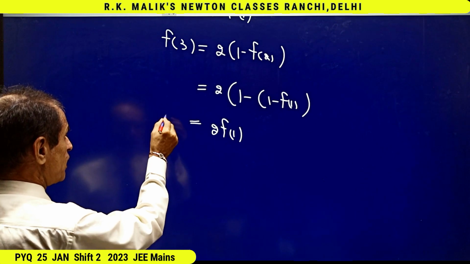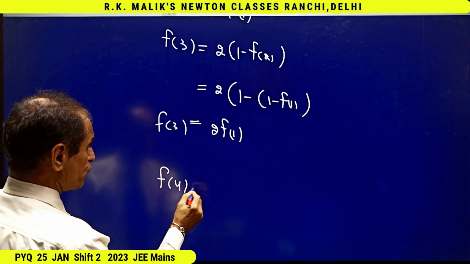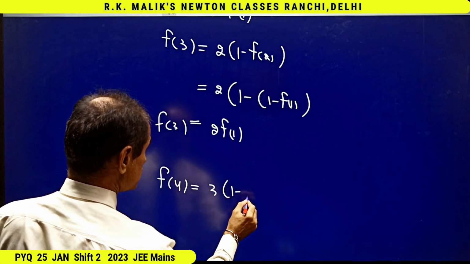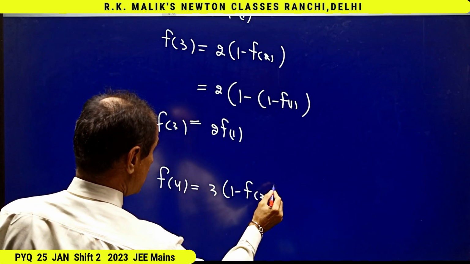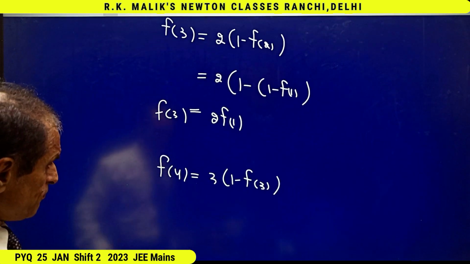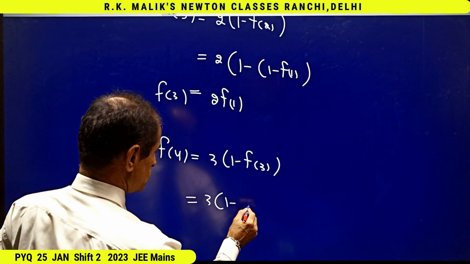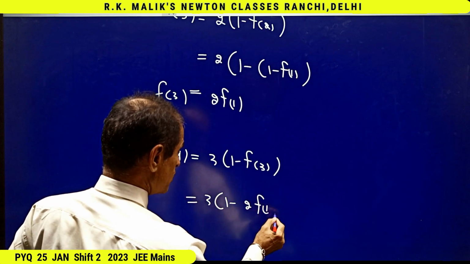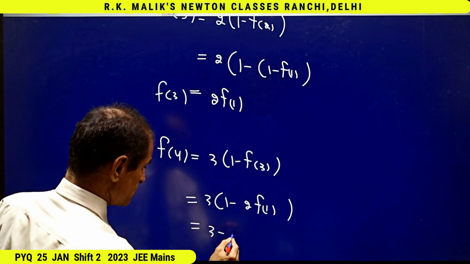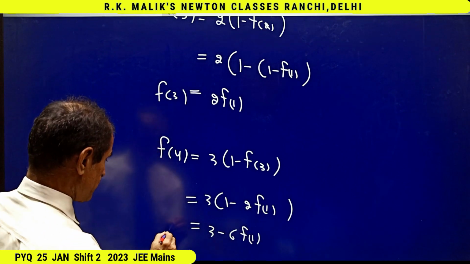And once the value of f3 is known to me, now f4 will be equal to 3 into (1 minus f3) by taking n equal to 3 in this. That is, I get 3 into (1 minus 2 f1), that is 3 minus 6 f1.